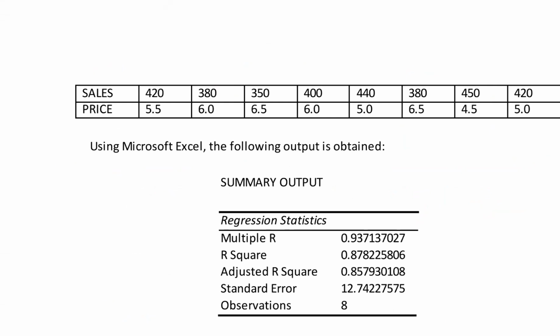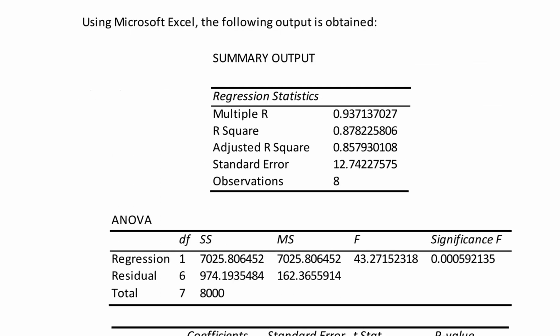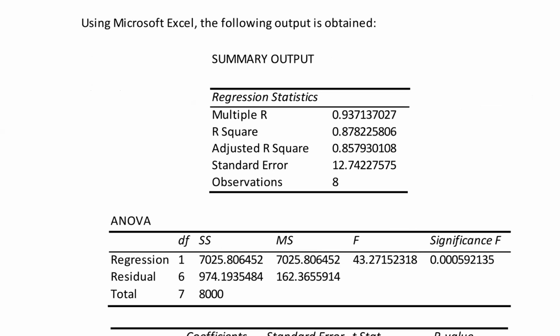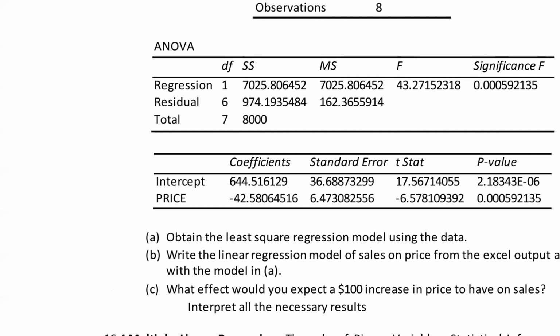This was the data. It was regressed using Microsoft Excel. Then this was the output, and these are the variables. The R squared was 0.87, which is around 88%, which means that 88% of the changes in sales is explained by what? By the changes in price, which is the independent variable.